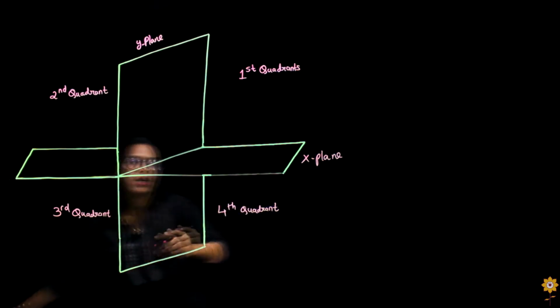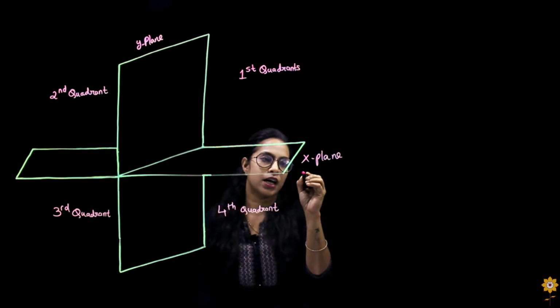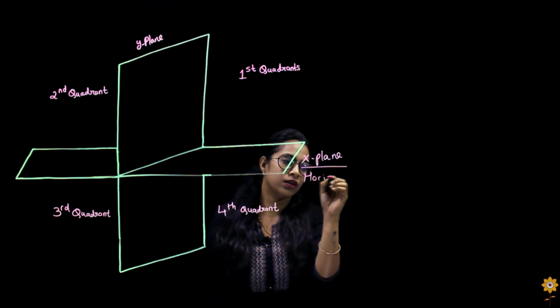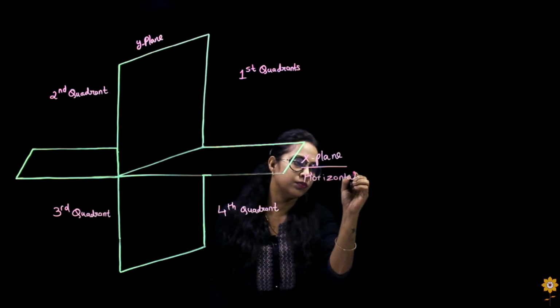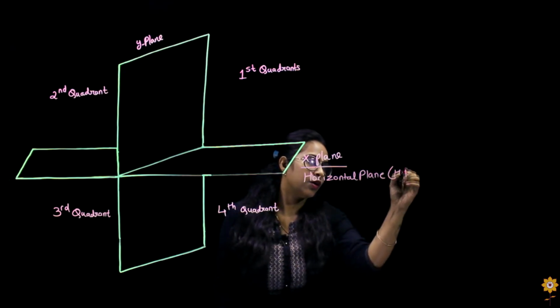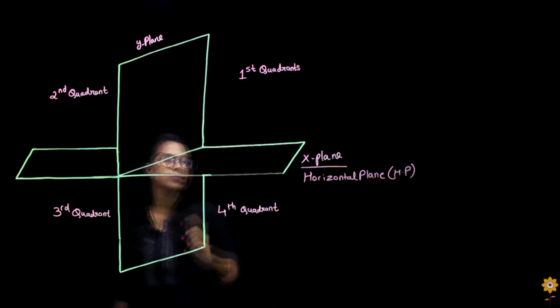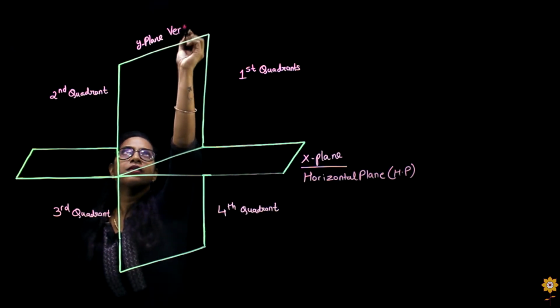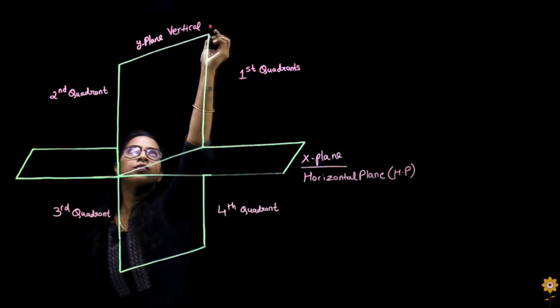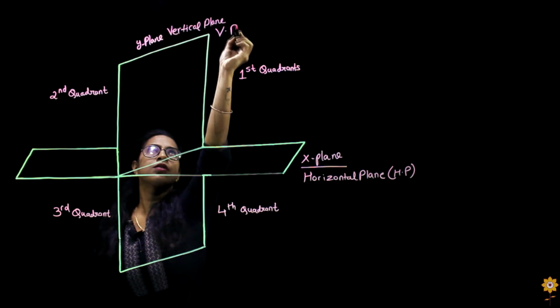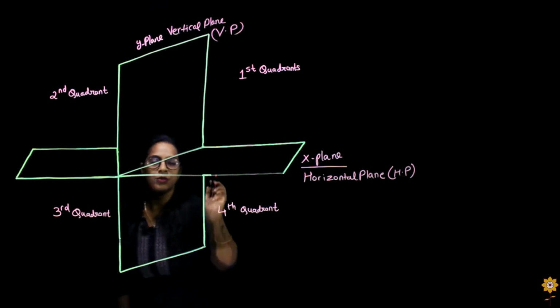So for the x plane, I would write this as my horizontal plane or HP, and this would be my vertical plane, or we can call it VP.